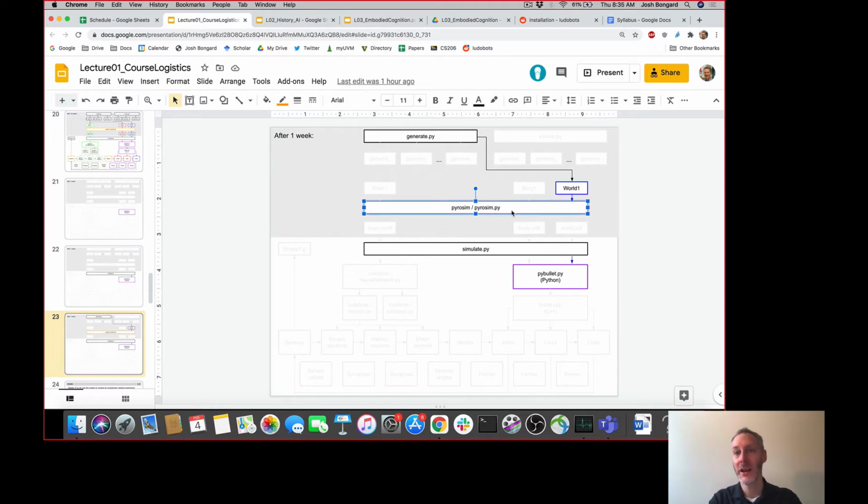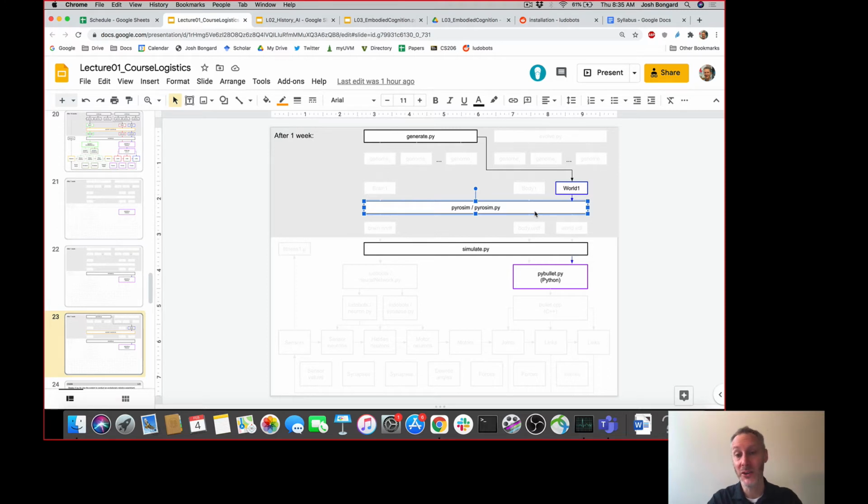Pyrosim is a wrapper that I wrote, which in turn wraps around PyBullet. So this point is a little confusing. There are actually 2 Python wrappers in this class. The lower one wraps around the physics engine directly. The one that I wrote specifically for this class hides a lot of the physics details that are not going to be relevant to this class.